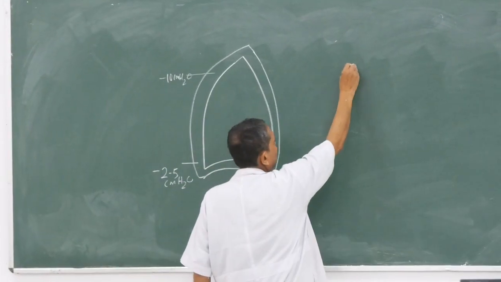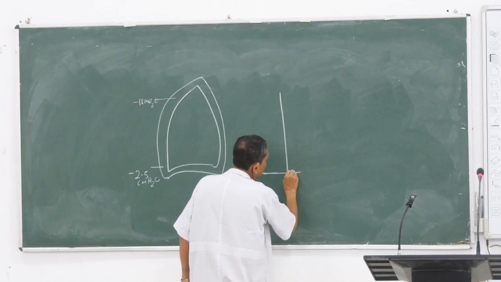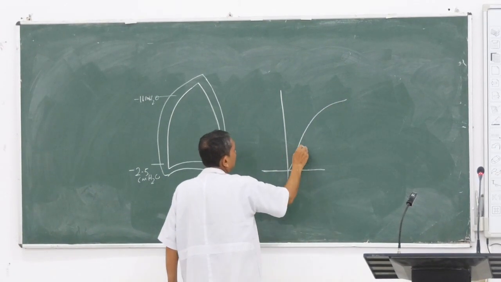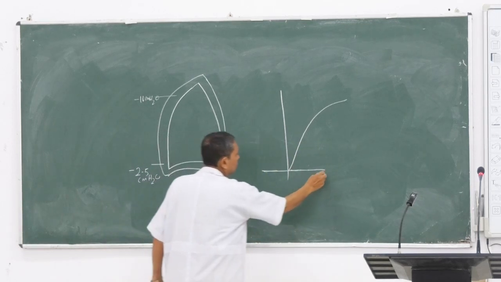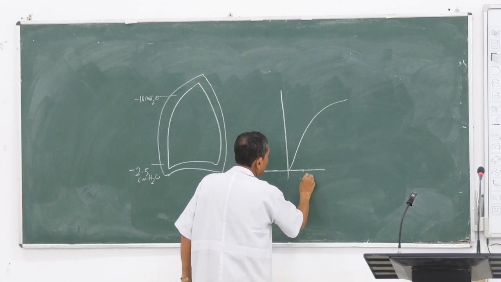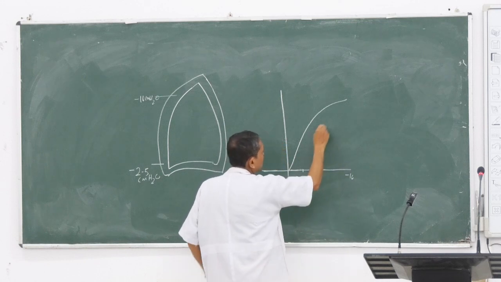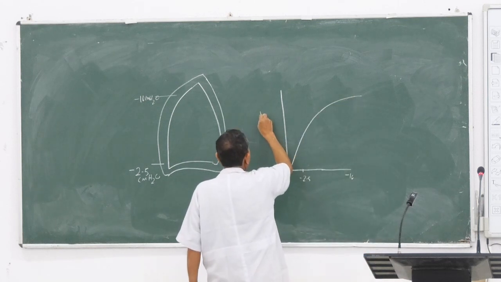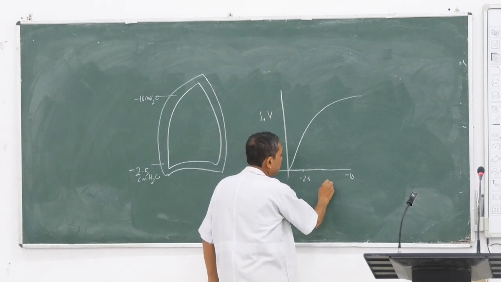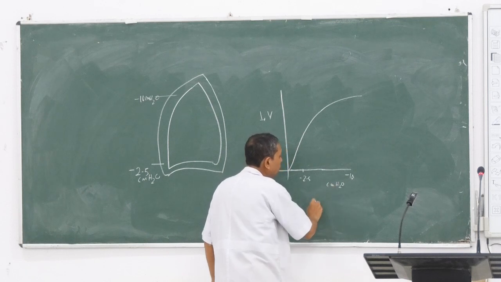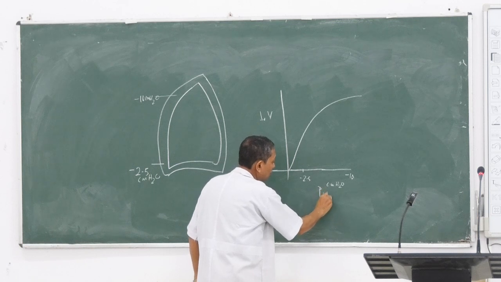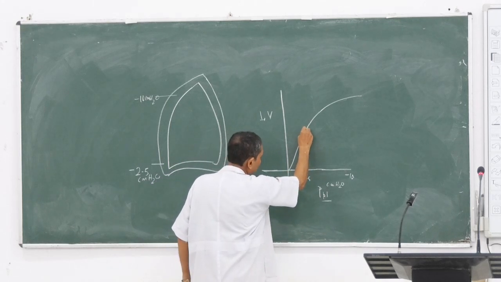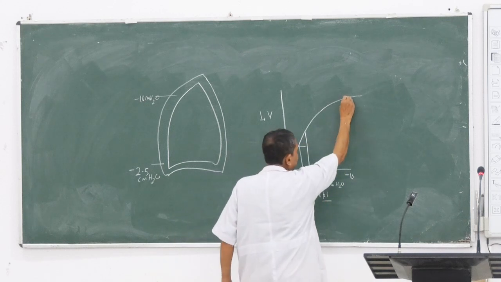And if you draw the compliance curve, with lung volume against interpleural pressure, Ppl, whenever it is operating at this level, its slope is more than when it is at that level.